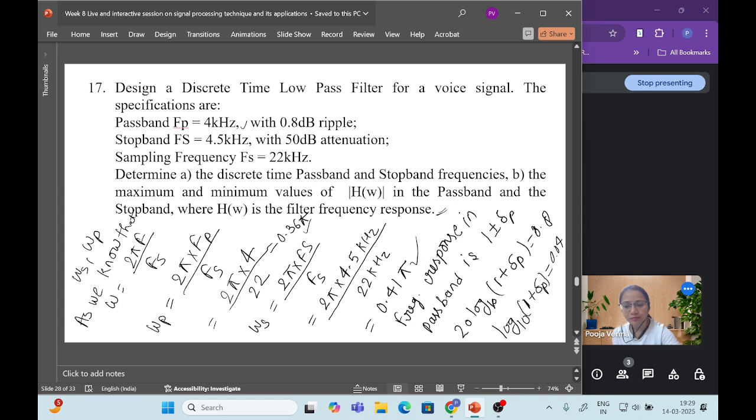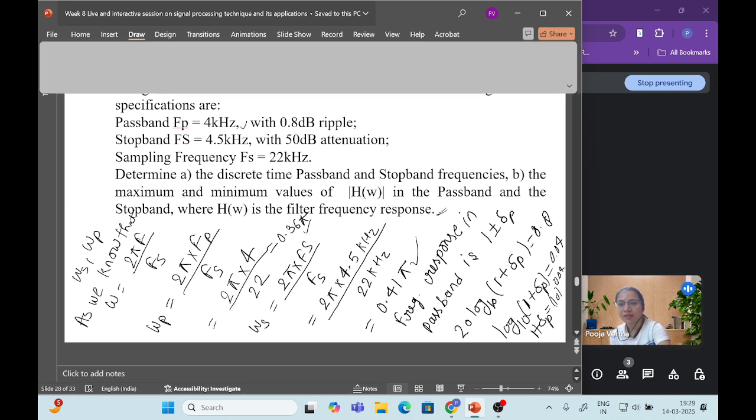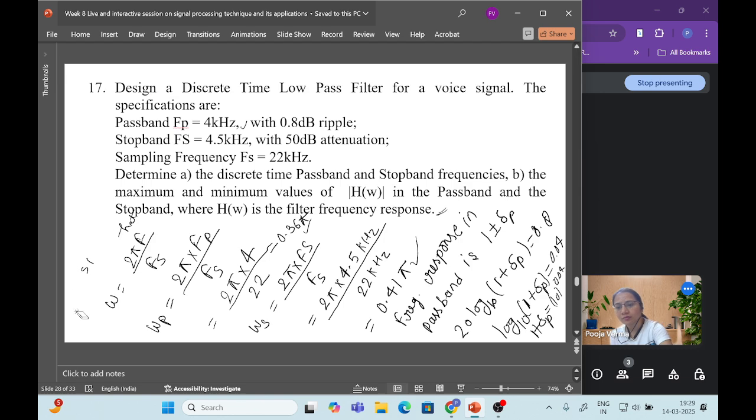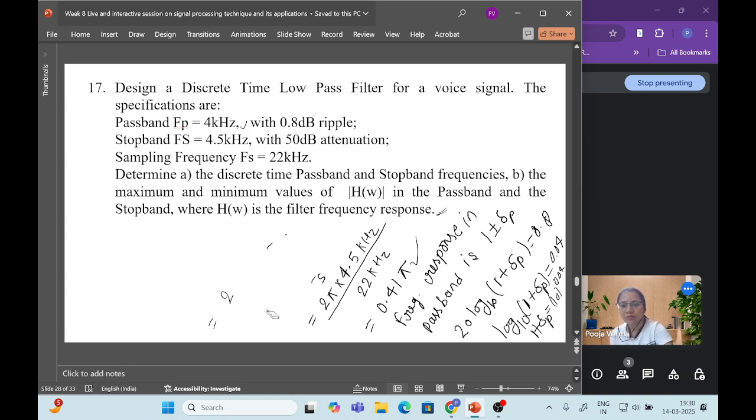Okay. So if you further calculate 1 plus del p is equal to, you will get 10 to the power 0.004. Okay. I'm removing it here, otherwise we can't write. So option A we have calculated.